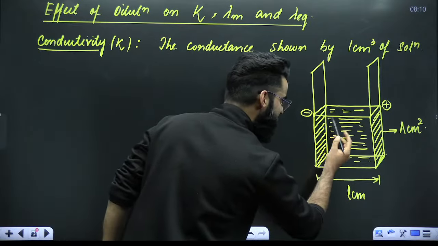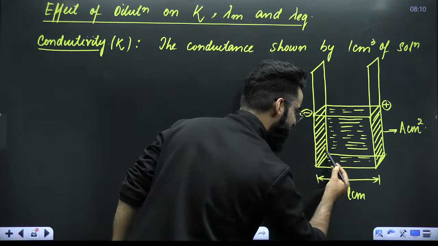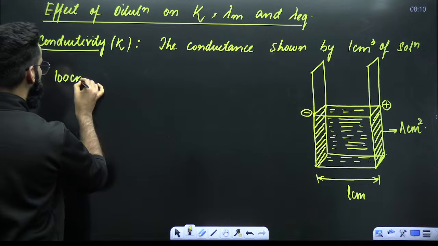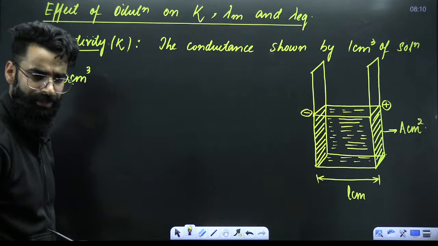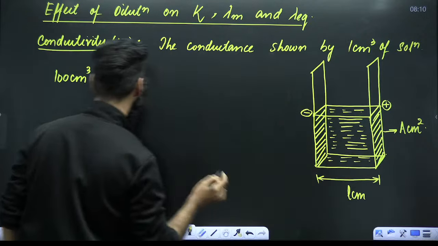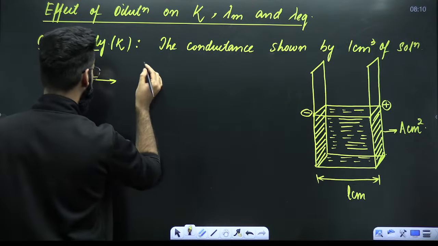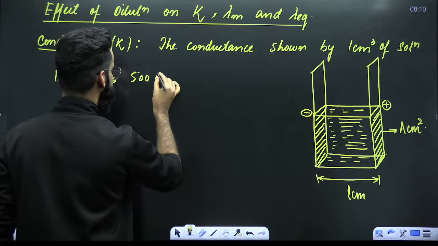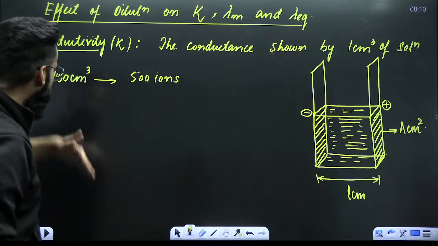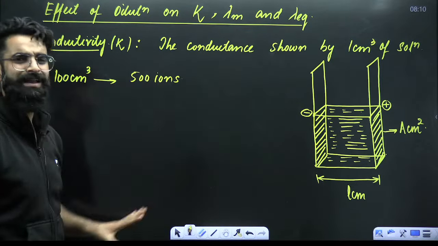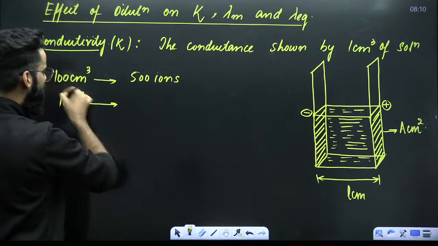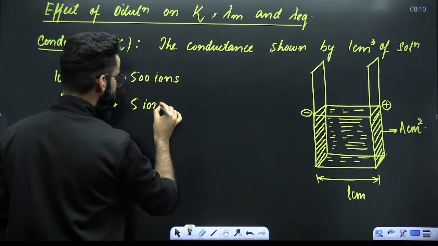Imagine the volume of this electrolytic solution, for example, is 100 centimeter cube. Let's assume that in this 100 centimeter cube of electrolytic solution, there are, for example, some 500 ions present. So if in 100 centimeter cube there are 500 ions, in 1 centimeter cube how many ions will be present? 500 by 100 comes out to be 5 ions.